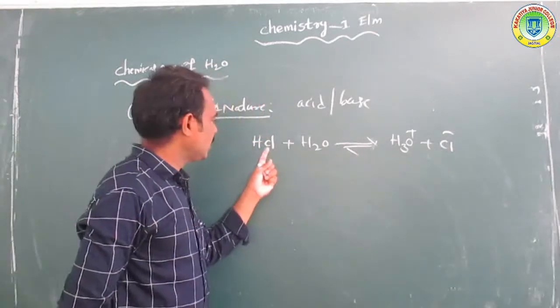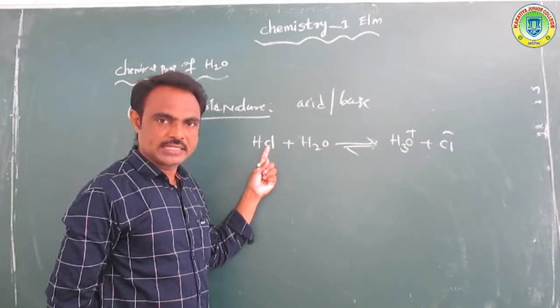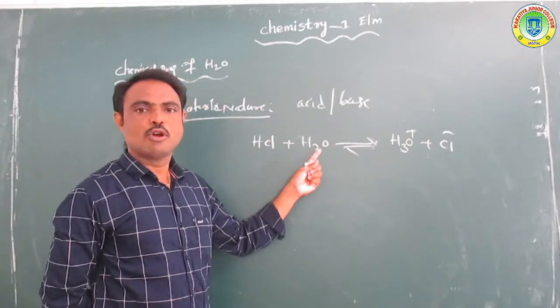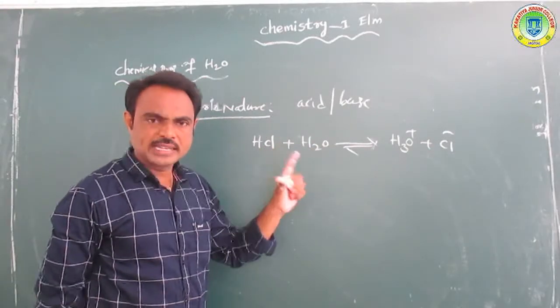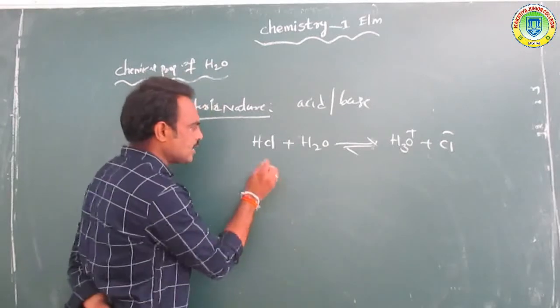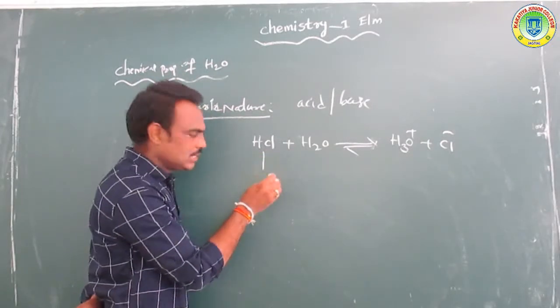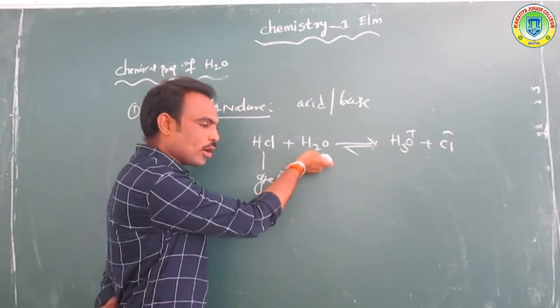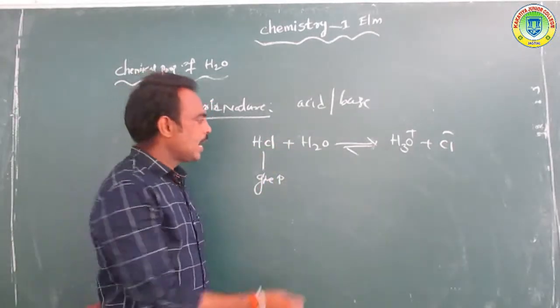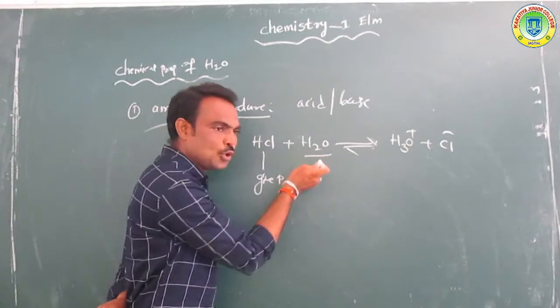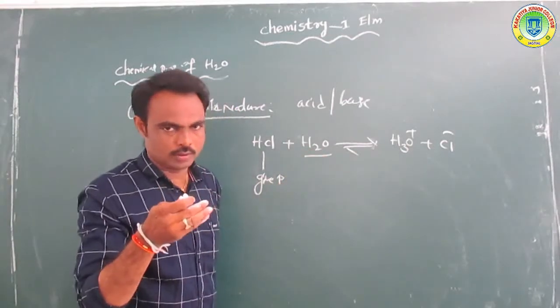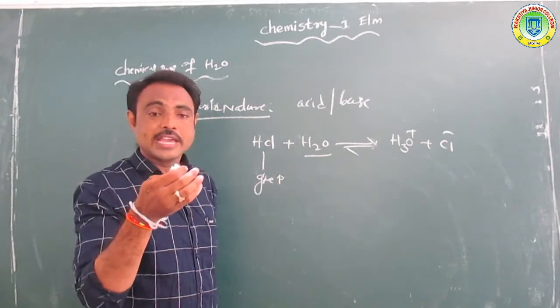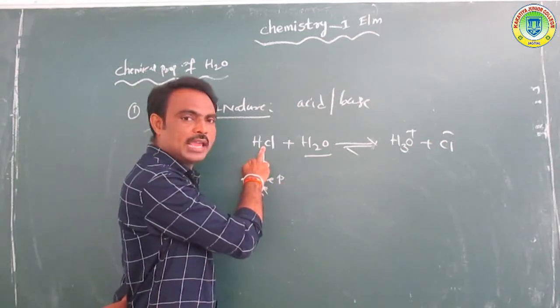Already we know that HCl is hydrochloric acid and H2O is the water molecule. In this reaction, HCl gives the proton to the water molecule, and H2O accepts the proton from HCl.